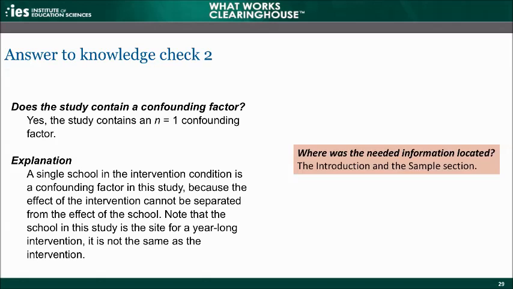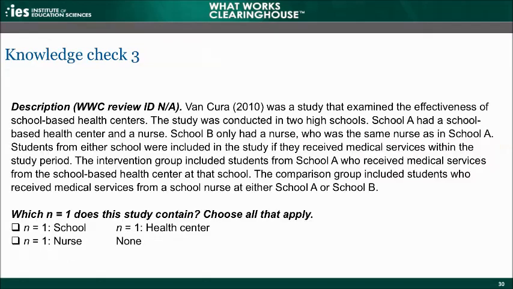In this particular knowledge check, the school and the intervention are not one and the same. The school becomes a site for where the intervention can be delivered, and consequently, there is an n=1 confound, and this study received a does not meet group design standards rating.